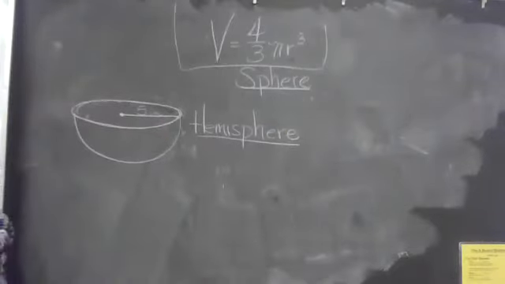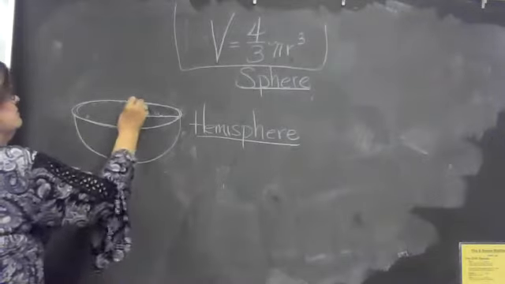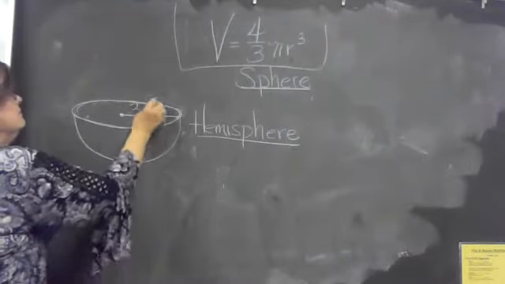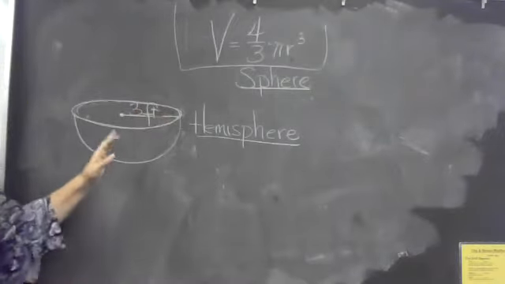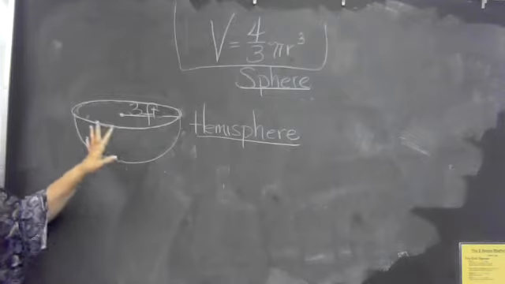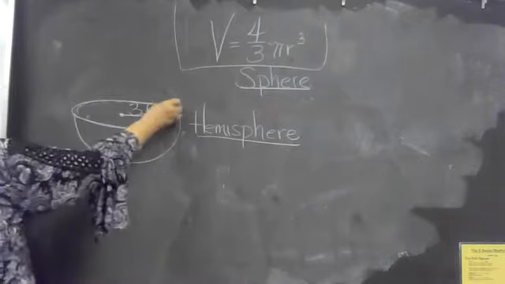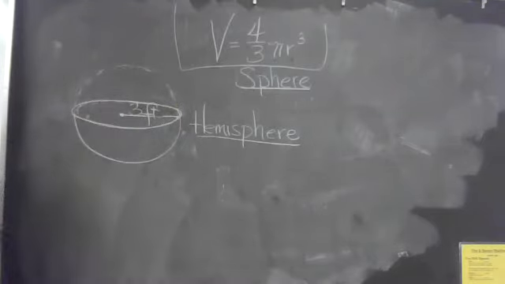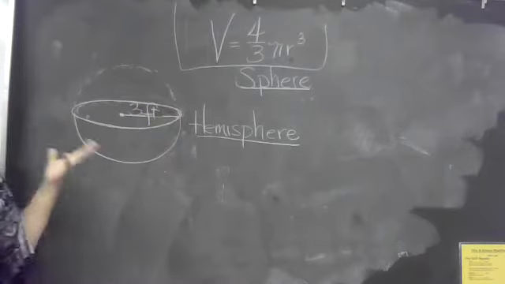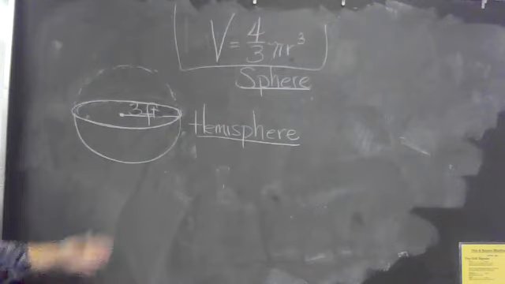All you have to do is pretend in the beginning that it is a full sphere. You will find the volume of a full sphere and then divide that answer by 2. That's all you're going to have to do.